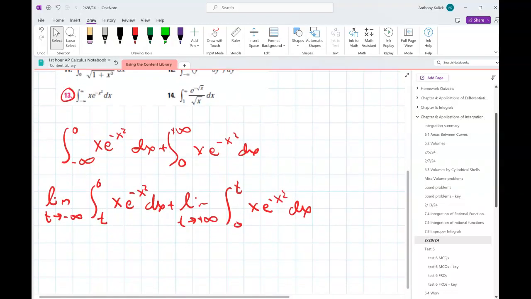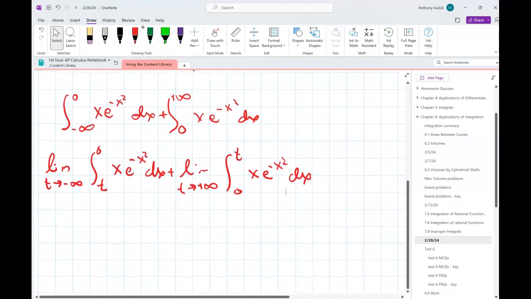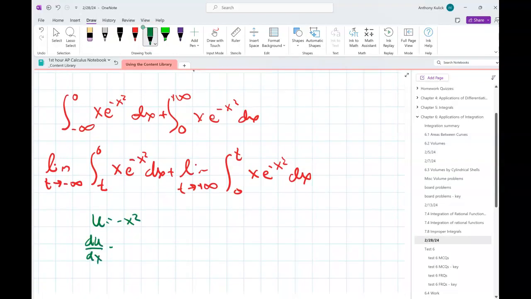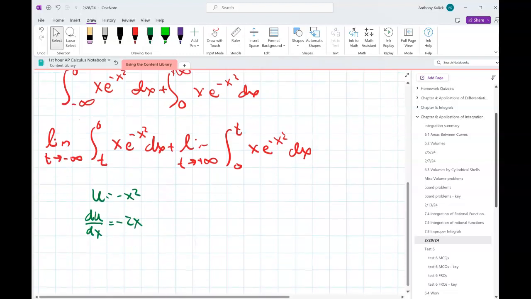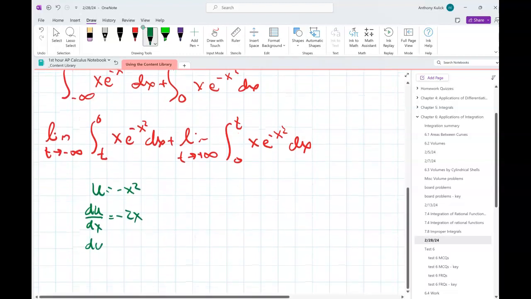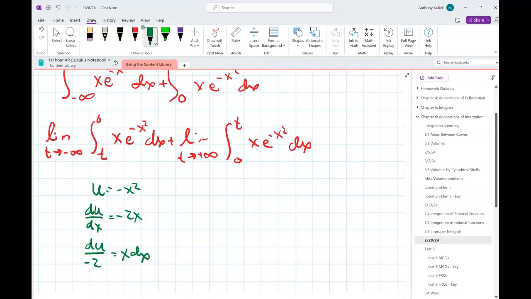So far, so good. So now I'm going to go ahead and do my antiderivative. This is going to be a u substitution problem. So I'm going to have u equal negative x squared. If I do that, x dx has to be du over negative 2.